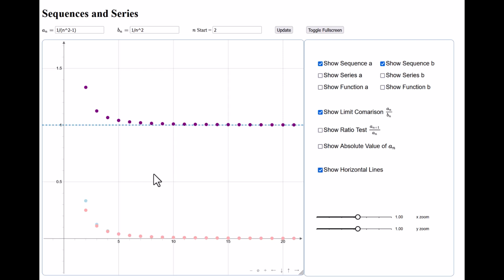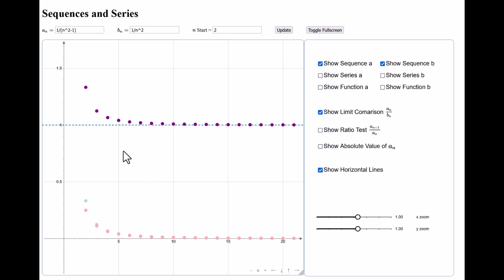It can be off by some. Generally speaking, this works really well for polynomial functions, whether or not your original series has a bunch of terms in it. It just compares to see if they're going to 0, I should say, at about the same rate.